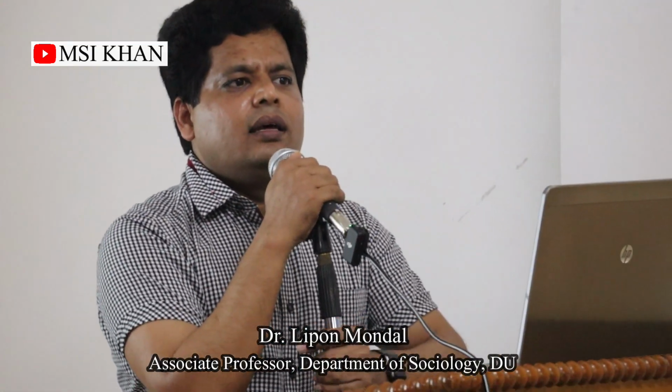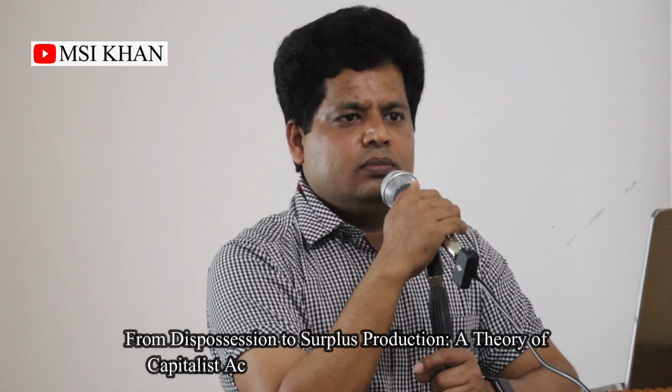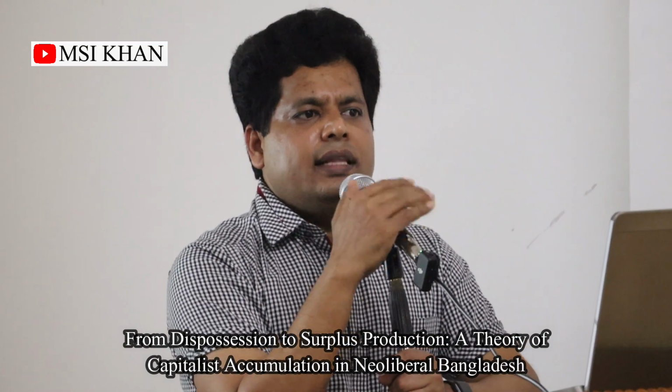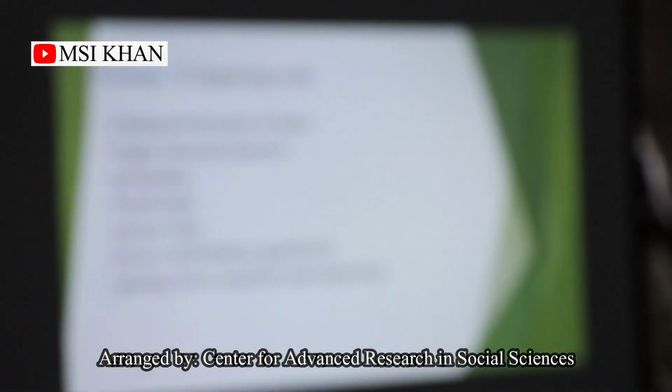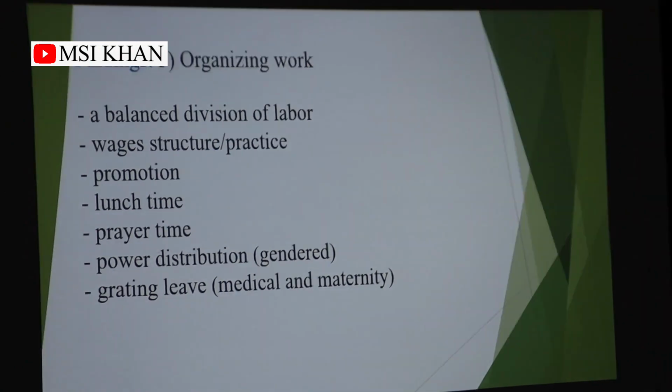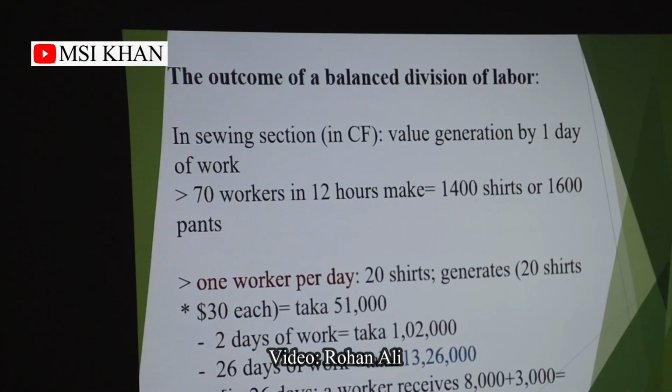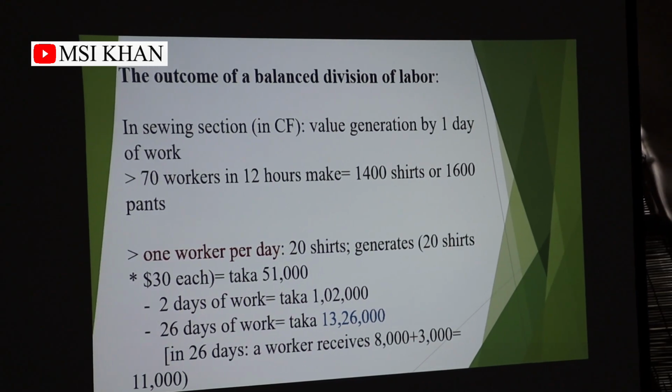There was no prayer time like 2 decades back. Now they are also teaching religious books, including the Quran, and so many people. And that is good maybe, but I don't know. If that is the strategy of controlling workers, then they are profiting on that. Power distribution, then granting leave. There are so many politics involved with this, but maybe I am taking much more time. I will finish within 2 minutes.